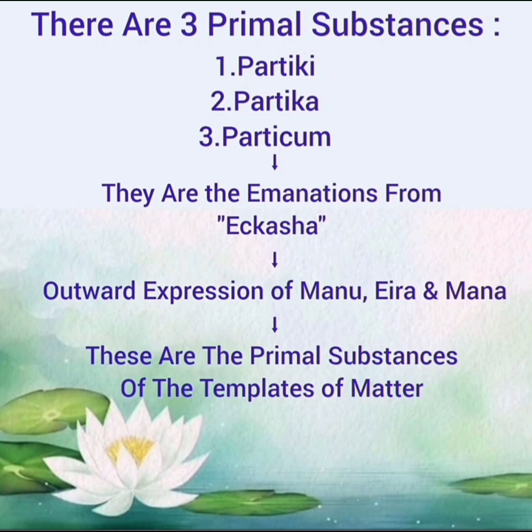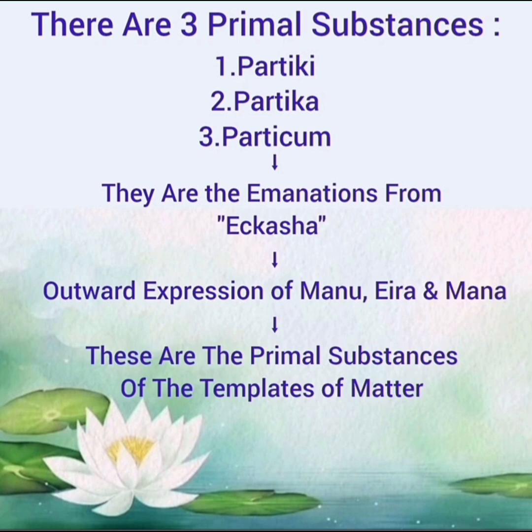So basically, these are called units of consciousness. We also got to know that the partiki, in energy terms, is the first unit, the thought of vibration. It is the smallest unit, which is the antimatter, and they are the building blocks of the morphogenetic field.